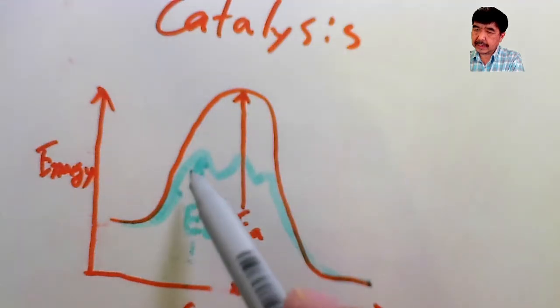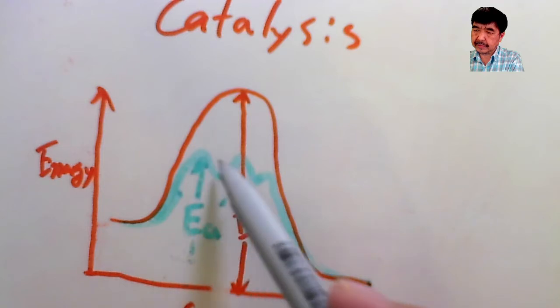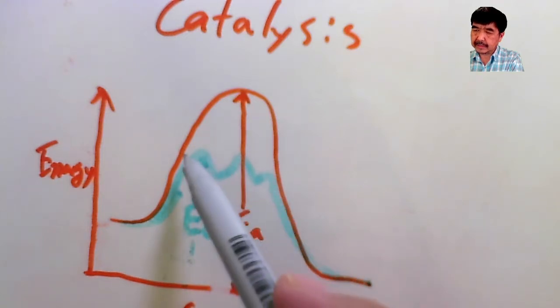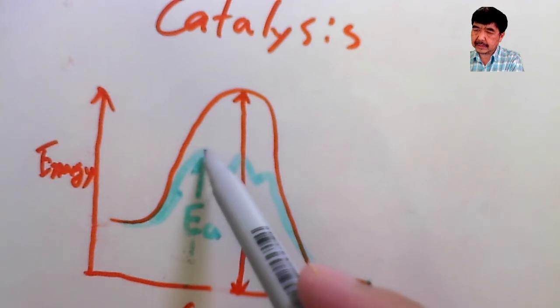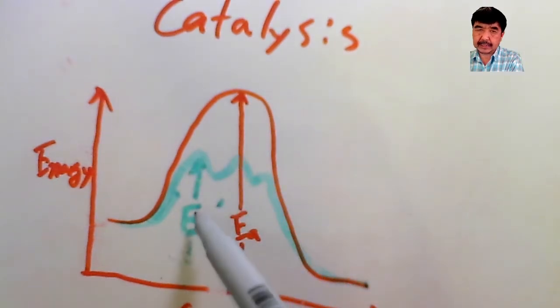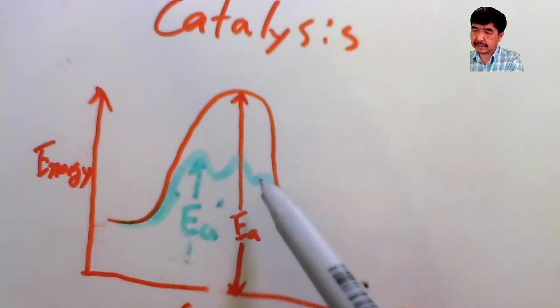Once the catalyst is used, this green colored curve shows it. The transition state is much lower, with much less activation energy required. This EA prime is the energy of activation when the catalyst is used.